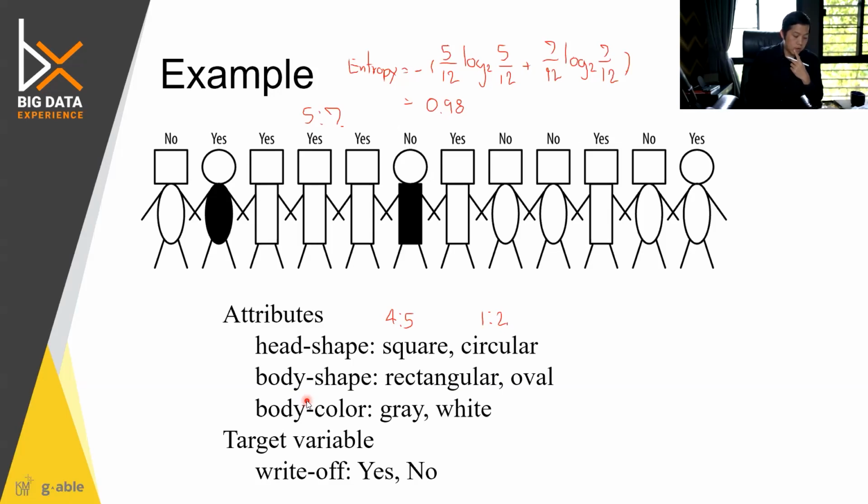So the value of entropy for this would be entropy of 4 over 5, which is 0.72, plus the other one would be 1 over 2. Oh no, so 1 over 3. Oh no, sorry, it's 4 over 9.